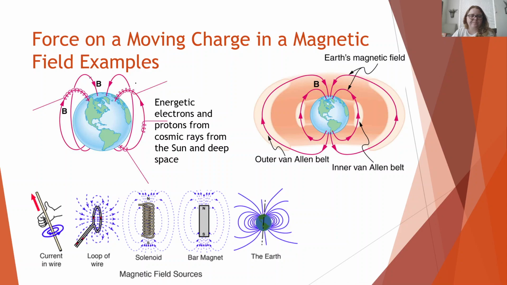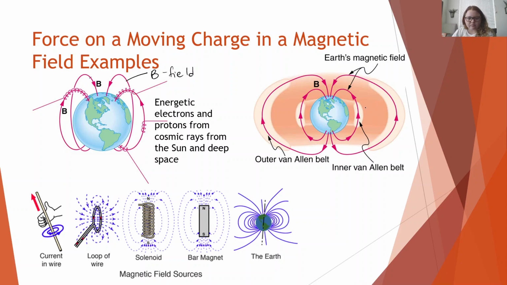So this here is the B field, the magnetic field. And these are electrons and protons that are getting trapped in these magnetic field lines.